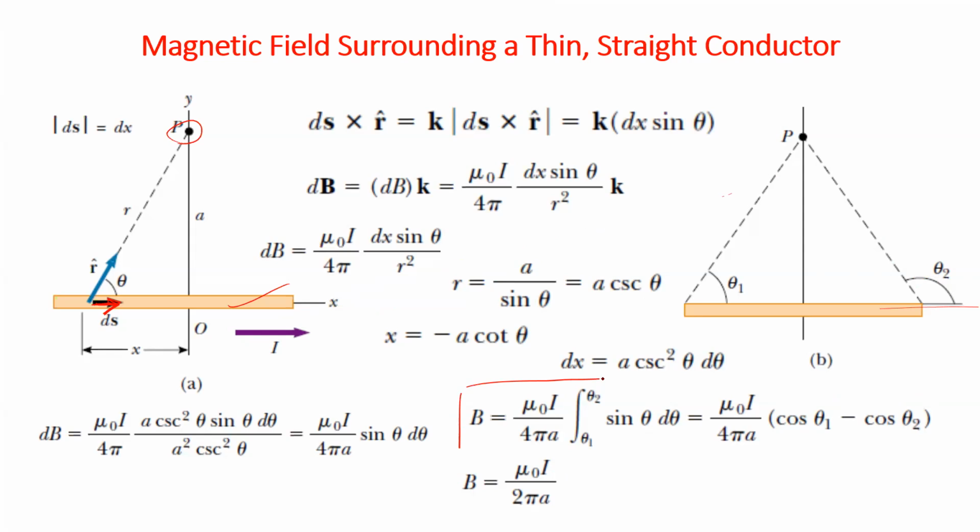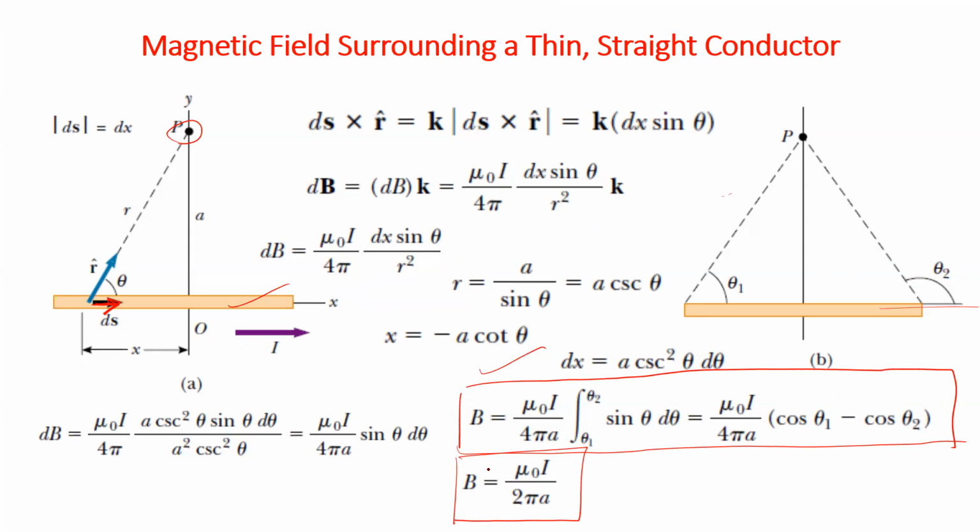This formula is for a finite straight conductor, remember, and this formula is for an infinitely long current carrying straight conductor. What is the magnetic field produced due to a straight finite conductor, and what is the magnetic field produced due to an infinitely long straight conductor?